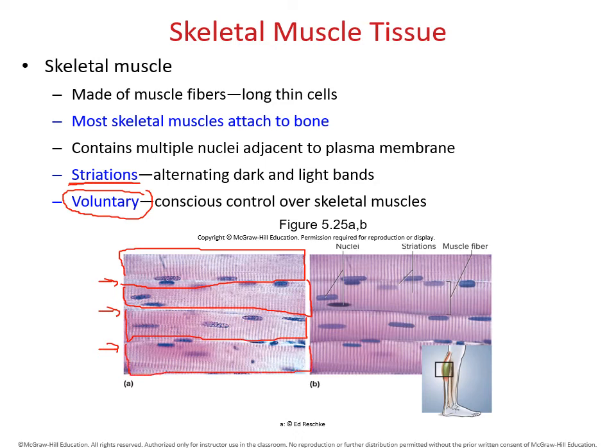So these fibers kind of lay on top of each other. You're also going to notice that it has multiple nuclei. Here are the purple ones. And then here you have these perpendicular lines. These perpendicular lines that run in a very organized fashion, those are the striations. So whenever you see those perpendicular lines, you can say it's a striated muscle type.